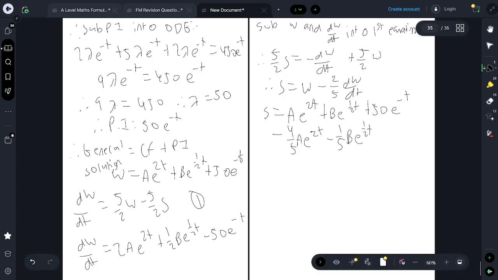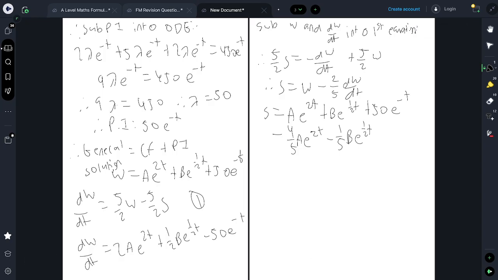And then minus 2/5 times minus 50 e to the minus t, you get plus 20 e to the minus t.